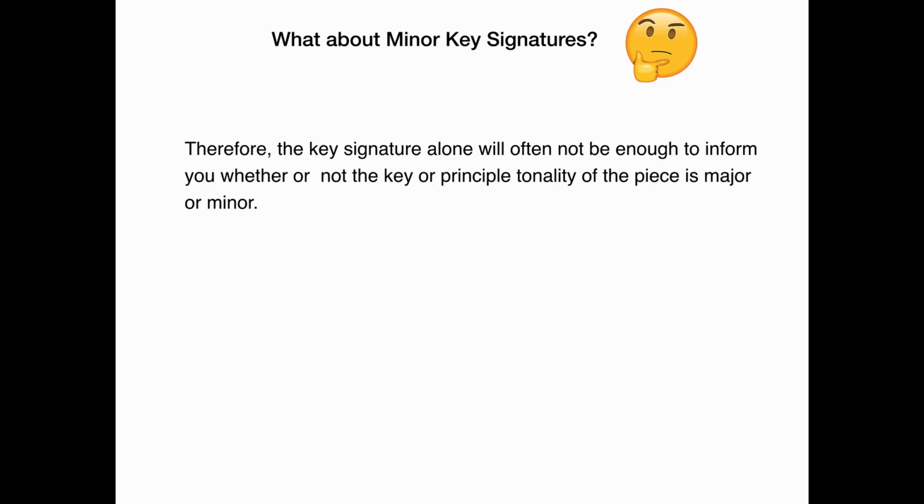Therefore, the key signature alone will often not be enough to inform us whether the key or principal tonality of the piece is major or minor. So now we just need to think about how we are going to know if the key is indicating the major tonality or the relative minor.